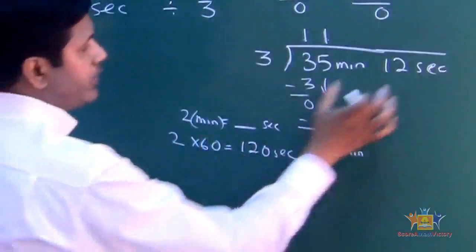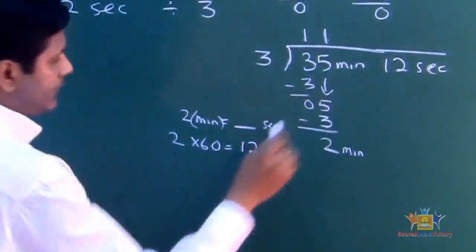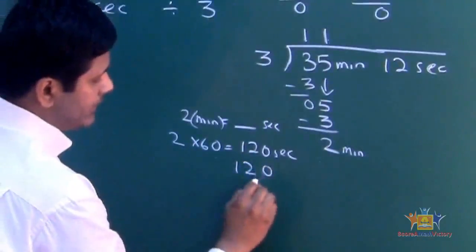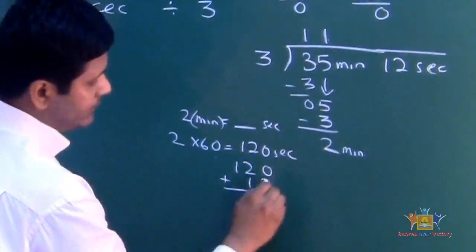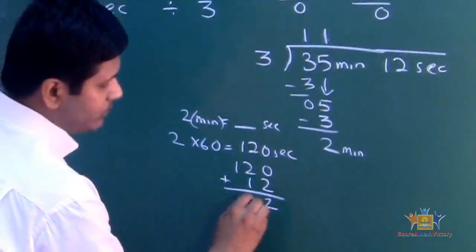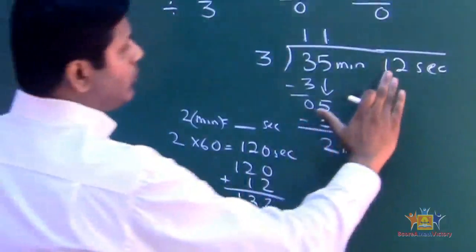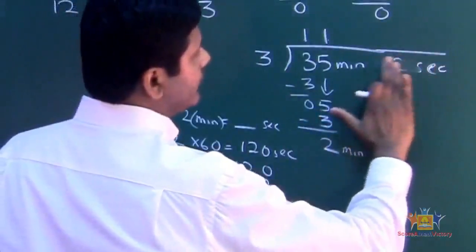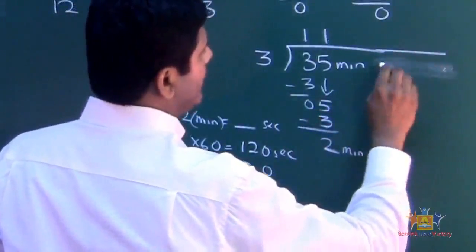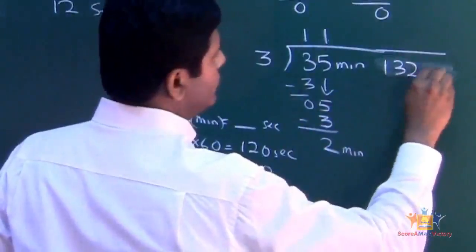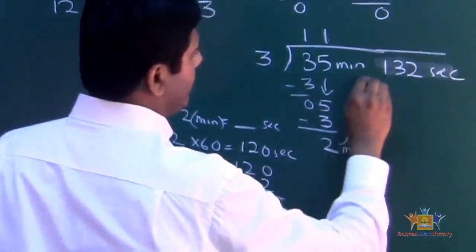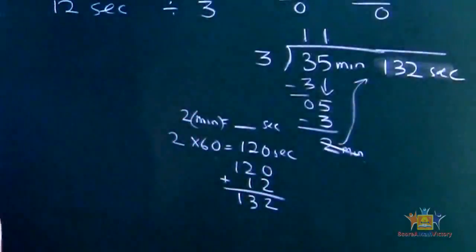I take the 120 and add it with 12. Line it up: 0 plus 2 is 2, 2 plus 1 is 3, bring the 1 down. So 132. I'm going to erase this and put 132 seconds down here, because I brought that up. So this is gone.